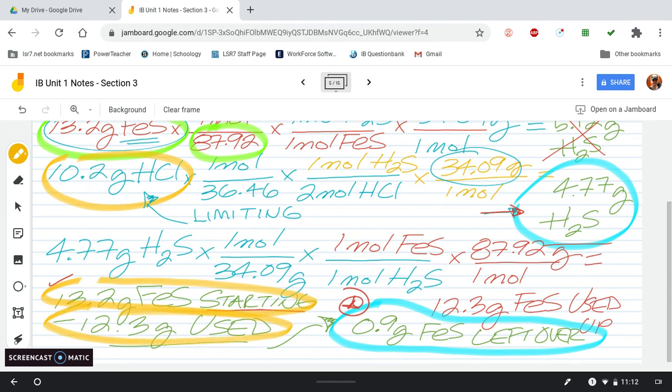So how much I started with minus how much I used up is how much is left over. And so at the end of the day, in the bottom of the container, you had 0.9 grams floating around, and they did not react. So just thought we'd go over that real quick.